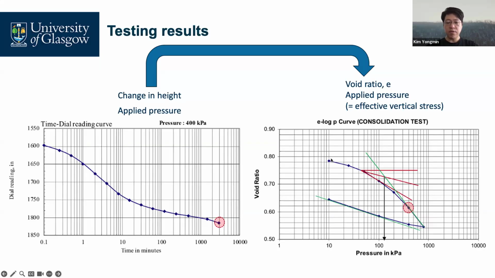So for each loading stage, you can calculate void ratio, and then you will get this full set of compression curve. Make sure that your pressures, your effective stress, is represented in a log scale.